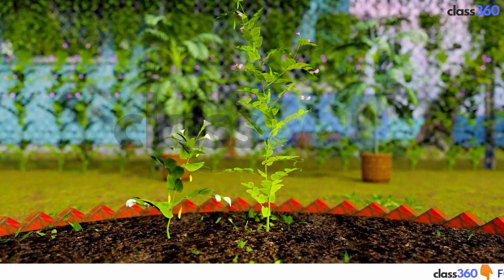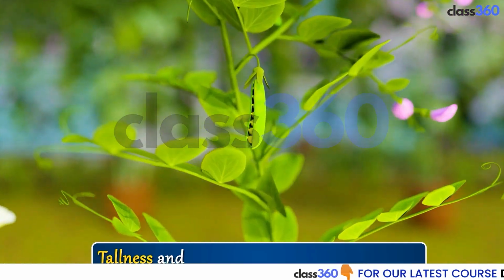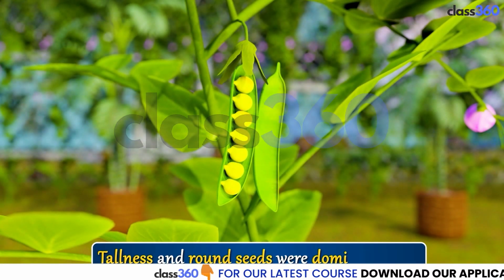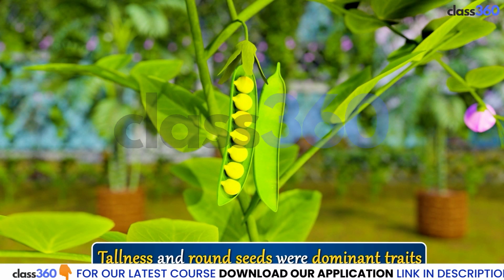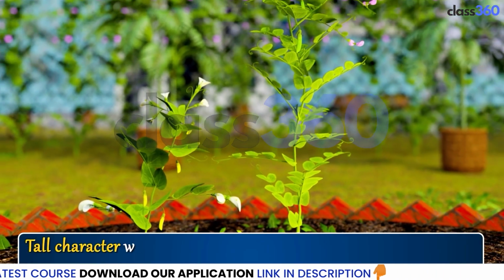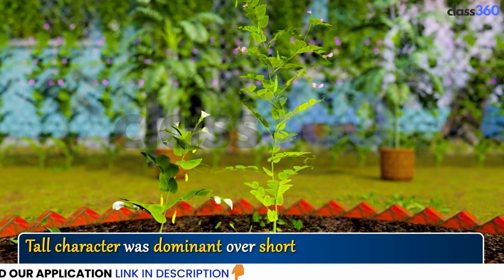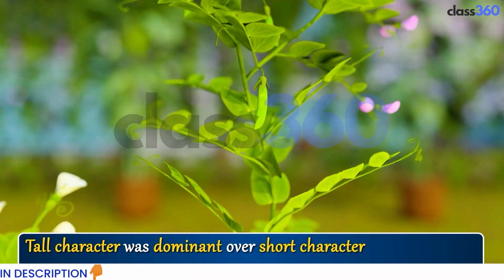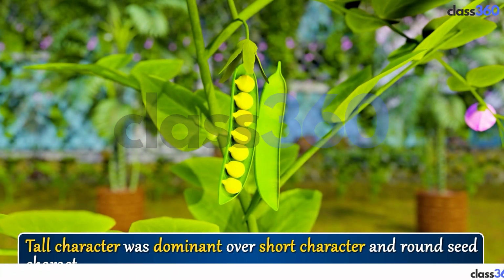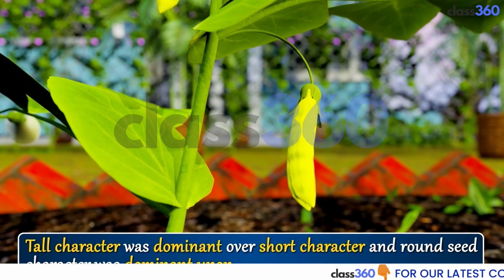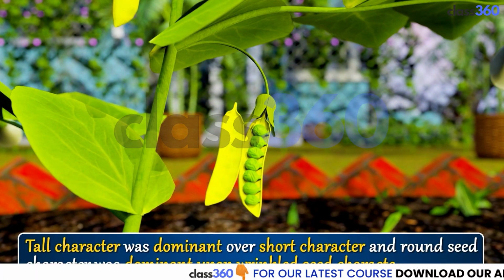So he concluded that tallness and round seeds were dominant traits. The tall character was dominant over the short character, and the round seed character was dominant over the wrinkled seed character.